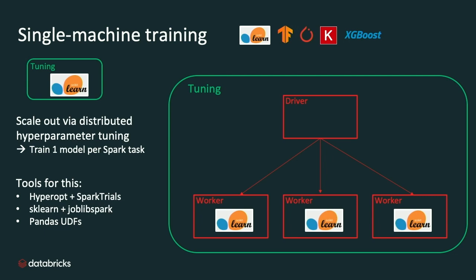This allows pretty simple scaling out and is implemented in a number of tools. So Hyperopt, which I'm going to demo later, has a Spark integration we built, allowing the driver to do this coordination across workers. The ML team I'm from also built a Joblib integration with a Spark backend, which can power scikit-learn's native tuning algorithms. And then finally, this can be done manually via pandas UDFs and Spark.